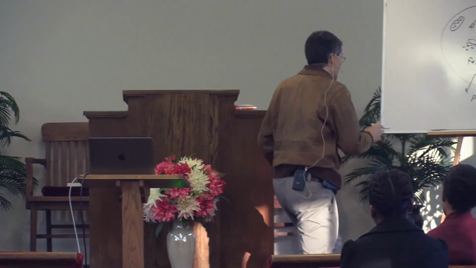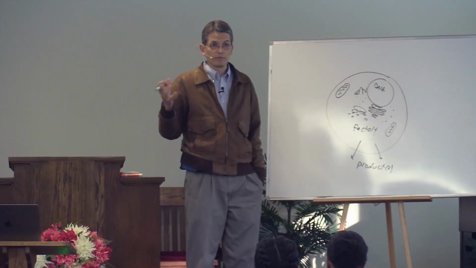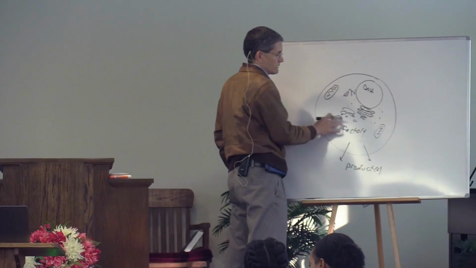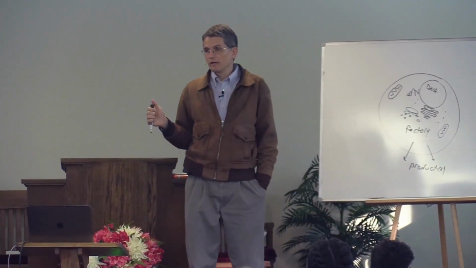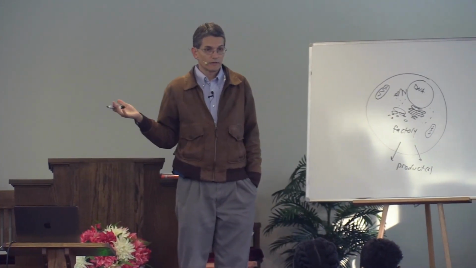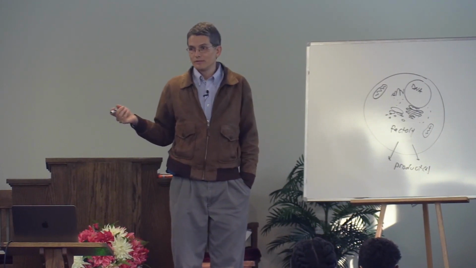The factory is going to need to, of course, have a structure. And so here in the cell we have the structure. And a factory is going to need to have some workers. And so we have the workers for the factory that's in here, the various different organelles and so on. But if you have a factory that has a structure and has workers, you can't produce anything because you're still missing some vital components.